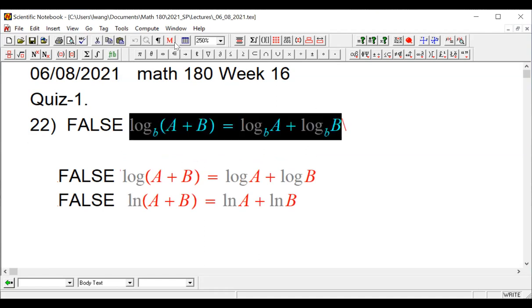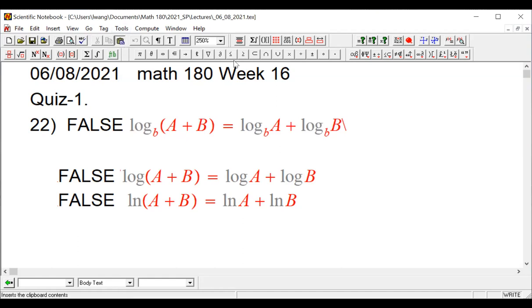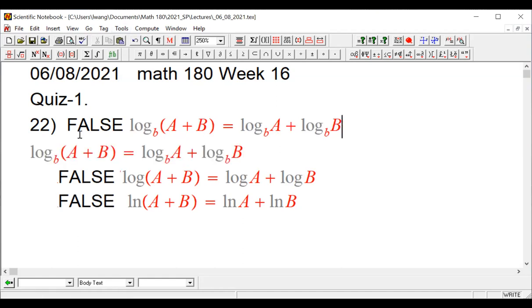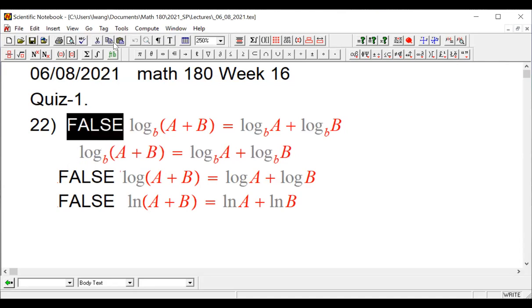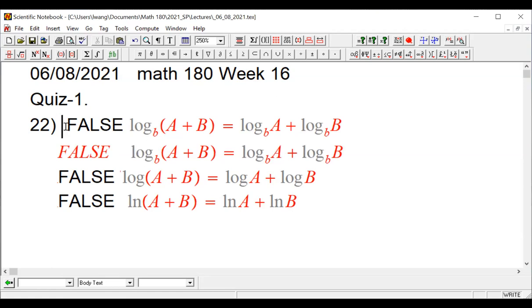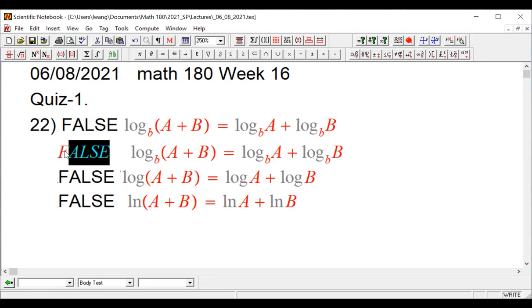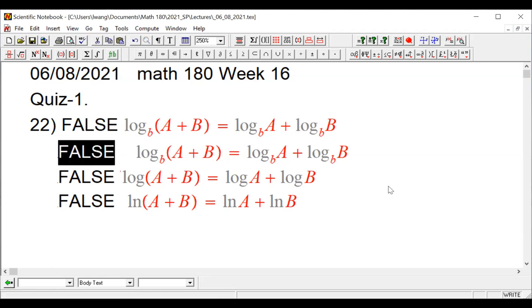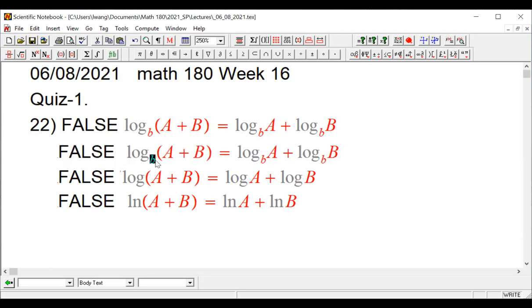If you look at the base 2 situation, we need to be able to recognize these falsehoods. The falsehoods show up with different faces, right?